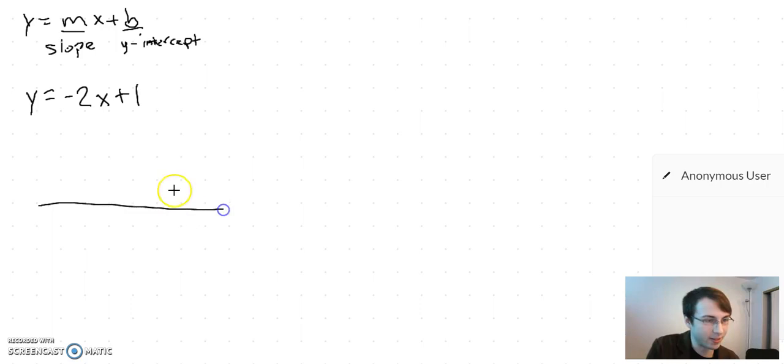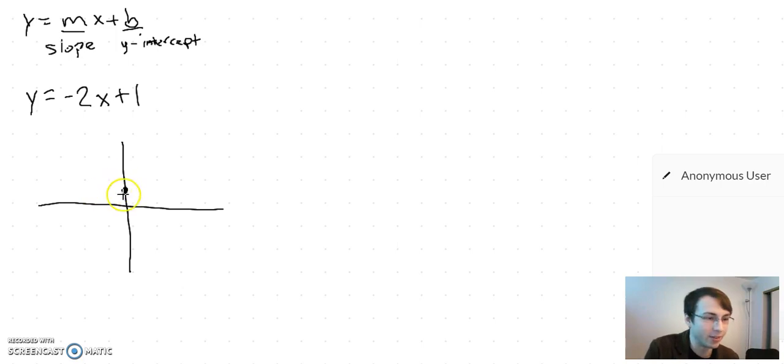So here, as we've seen before, the y-intercept is 1, because that's the constant term, that's at the end, that's the b. So we'll plot 1, but now the slope is -2. So that means if the slope were +2, then for every time you go over, you go up 2. So -2 just means we do the opposite.